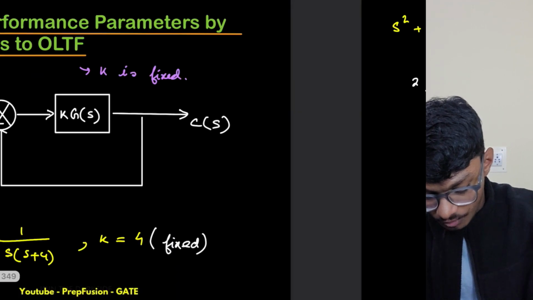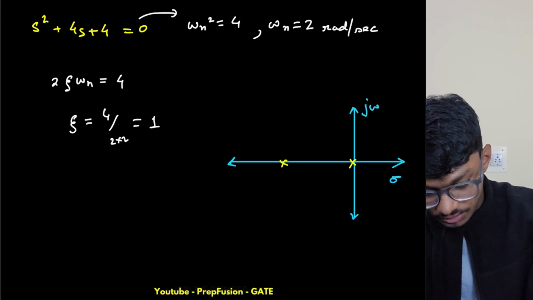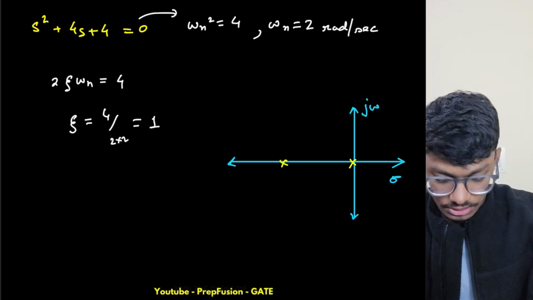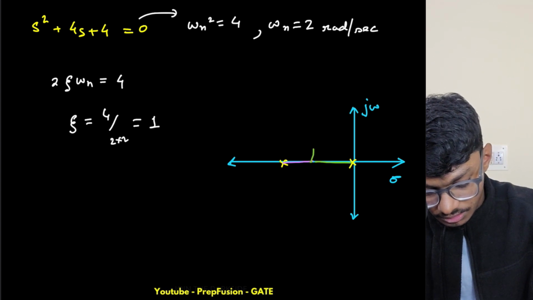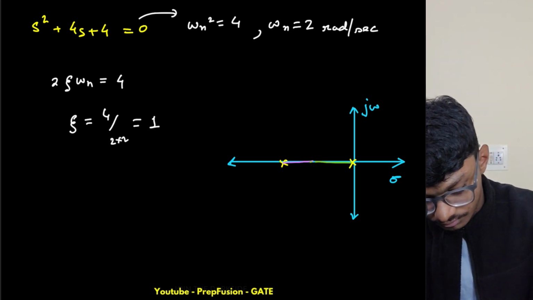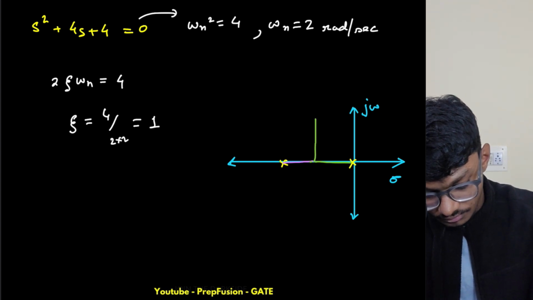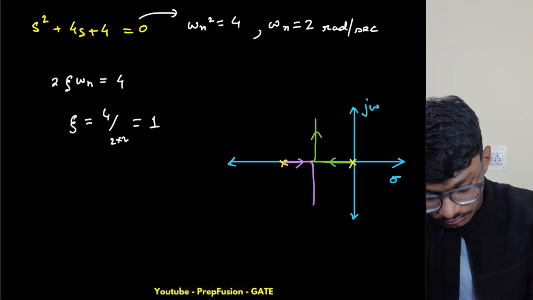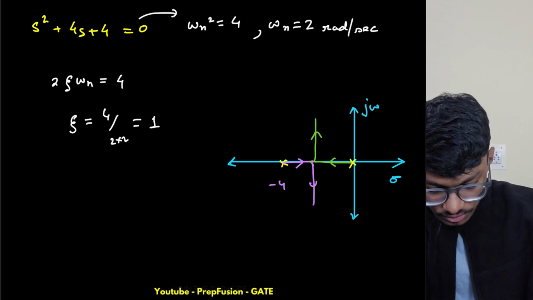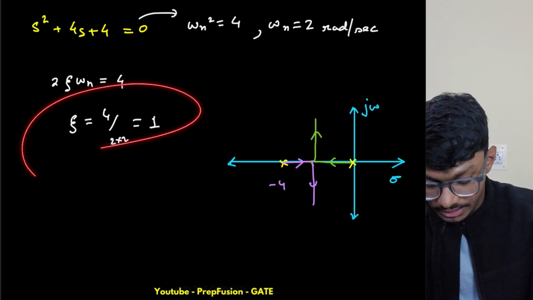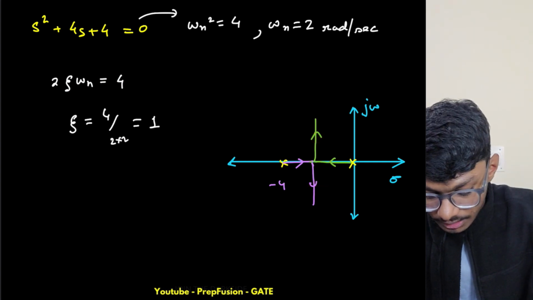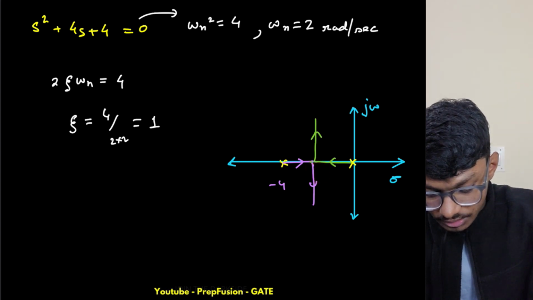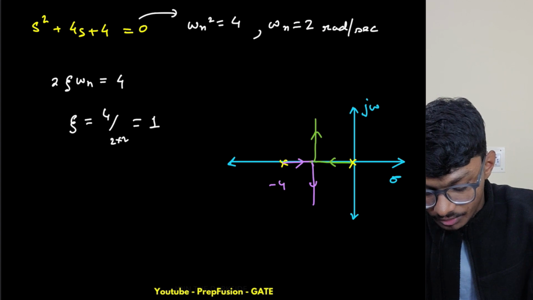Here, where are my open loop poles? They are at s equals 0 and s equals -4. If I am varying the k, the root locus will move like this, and somewhere in between they will break away. As I am observing, it is underdamped in this case, so obviously my roots will lie somewhere around here, and the real part will be zeta omega n, which is 2 itself.